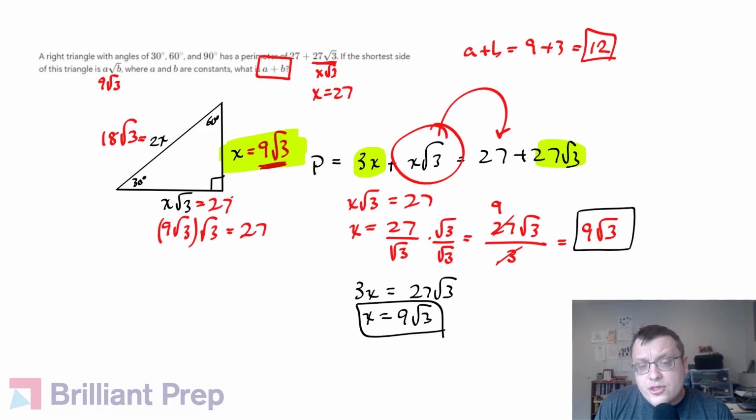On these harder 30, 60, 90 questions, and sometimes you'll see this in 45, 45, 90 questions, first try, assume that the obvious is obvious. That the thing with the radical 3 is the side with the radical 3, or the part with the radical 2 in the case of a 45, 45, 90 is the side with the radical 2 in the diagram. Make that assumption, but double check. Make sure everything is consistent.